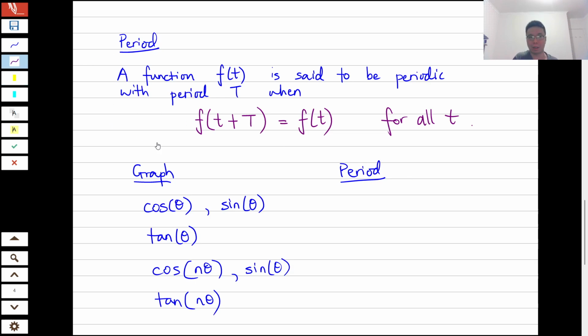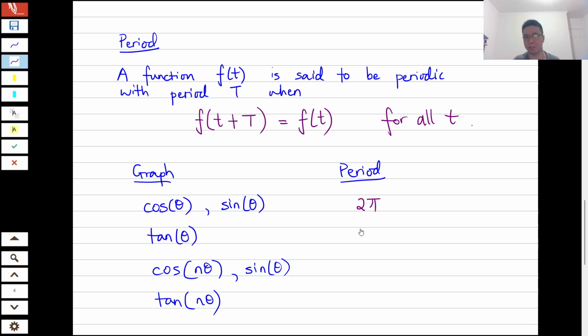So cosine and sine, we've already established that every time I make a full turn around the unit circle, I get back to where I started. So the period there is going to be 2 pi. Now, we haven't actually graphed tan theta yet. In the Cambridge textbook, tan is treated in its own exercise by itself.